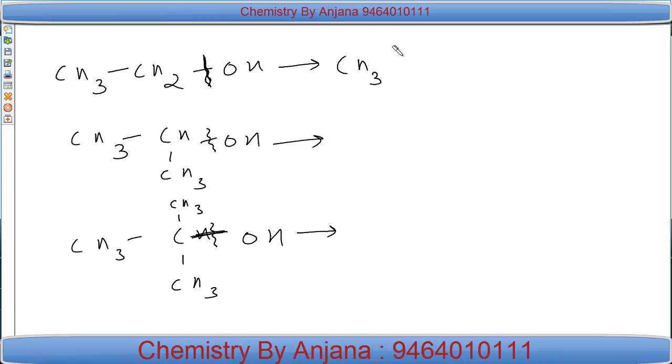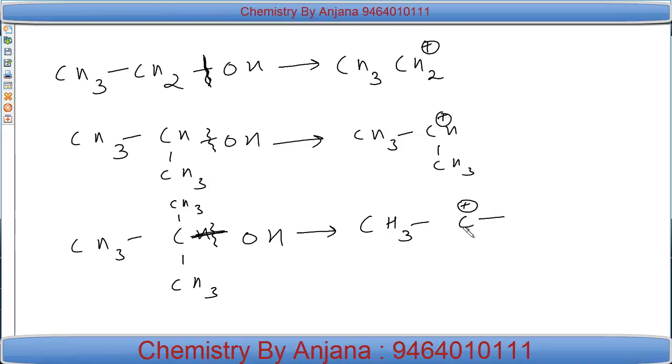So in the first case, the carbocation formed is a primary carbocation. In the second case, the carbocation formed is a secondary carbocation. And in the third case, the carbocation formed is a tertiary carbocation.